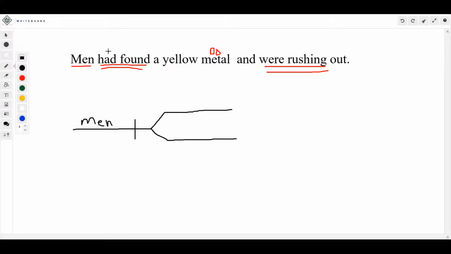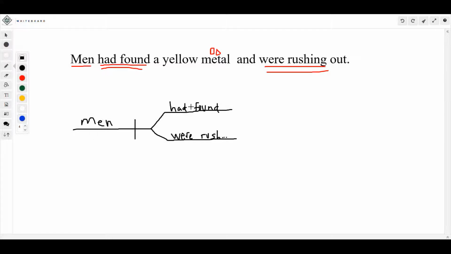Our first verb is going to go here. Second verb, we can go ahead and put that, and then we'll fill in all those little words. I'm just going to put were rush.